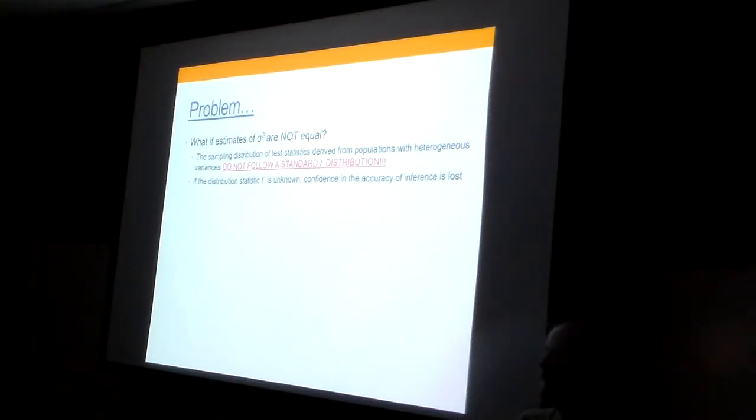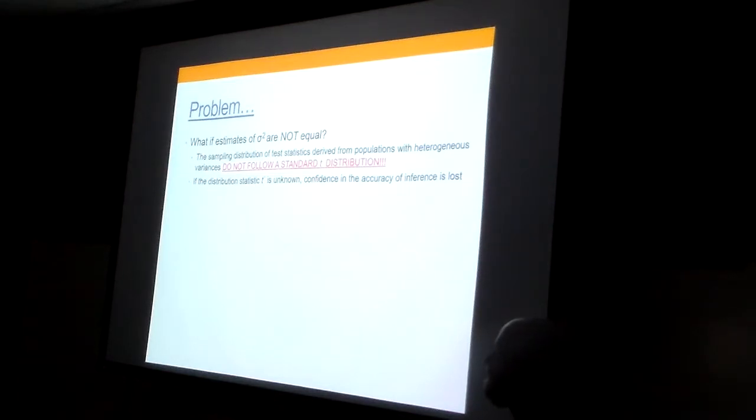Because I don't know what the sampling distribution of this statistic is with unequal variances, but it's not what I'm testing against. So my criterion's all off, and I might say that I have sufficient evidence to reject the null hypothesis, but I actually don't know that because the statistic I calculated is a wild card. It's gone rogue. It's part of a completely different distribution that I don't know anything about, right? I can say, oh, it should follow this distribution, but I know that it doesn't, and that becomes problematic, okay? And this is what happens when we violate the assumptions of our tests.